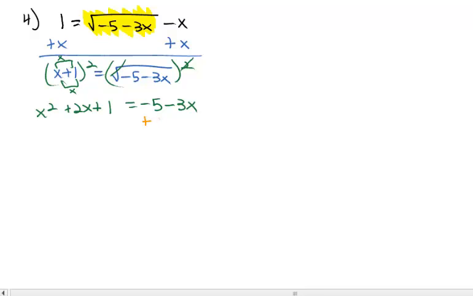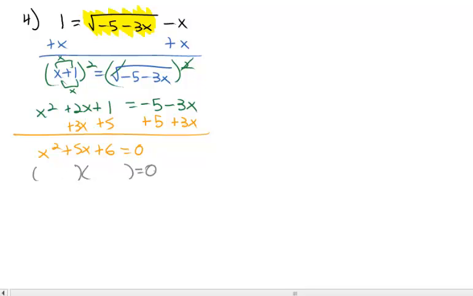Again, we're going to solve by getting the equation equal to 0, adding 5 to both sides and adding 3x to both sides. This gives us x squared plus 5x plus 6 equals 0. And that one factors quite nicely. But if you ever have problems with the factoring, don't hesitate to use the quadratic formula.